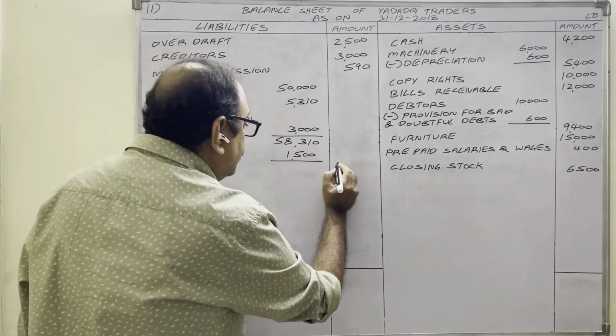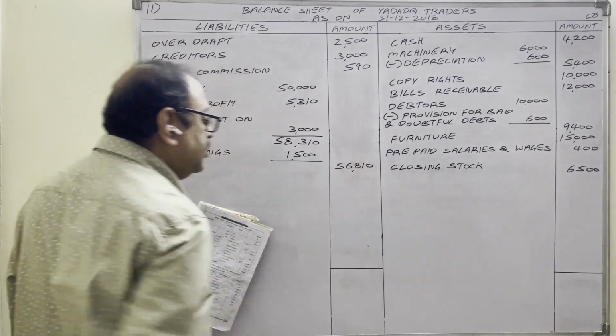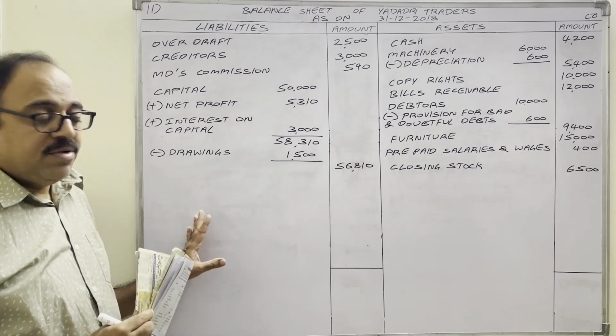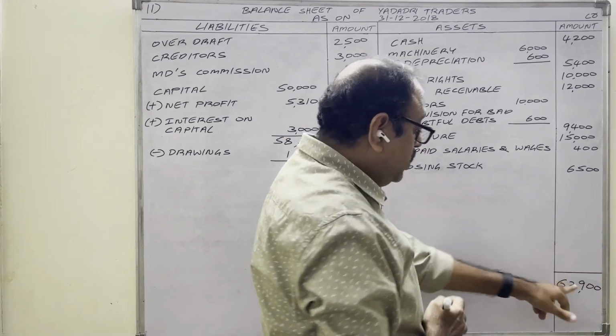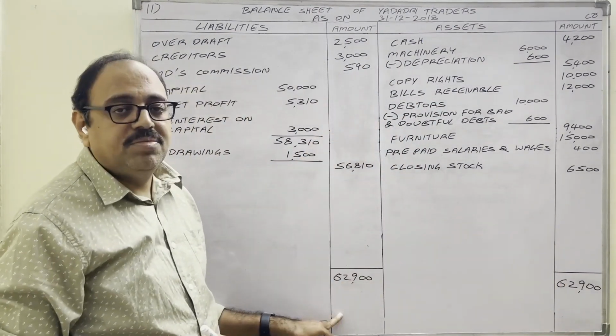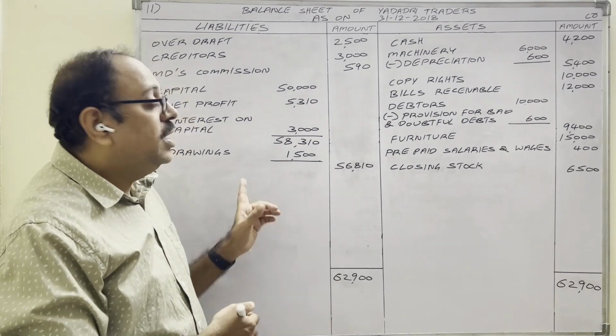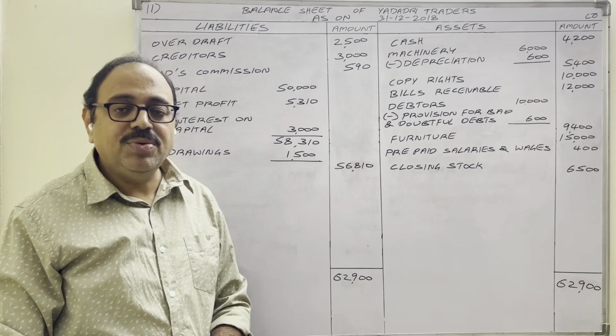Remaining in outer column 56,810 rupees. Everything is completed. Finally, the two side totals. Asset side total 62,900. Liability side also the same total came. So this is all about the 11th problem from the final accounts topic. Hope this video is helpful to you. Thank you.